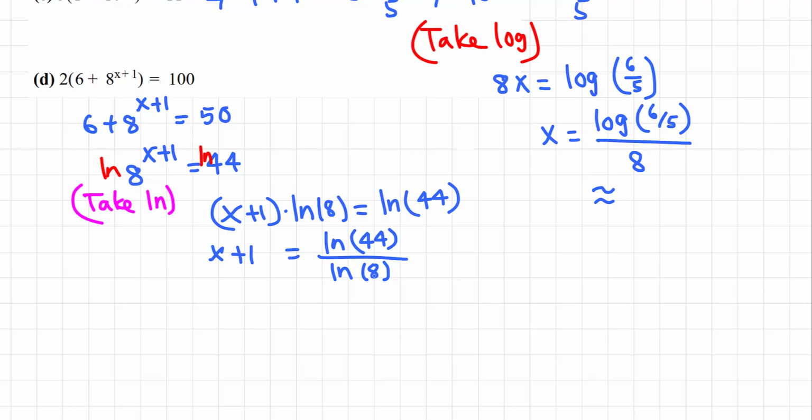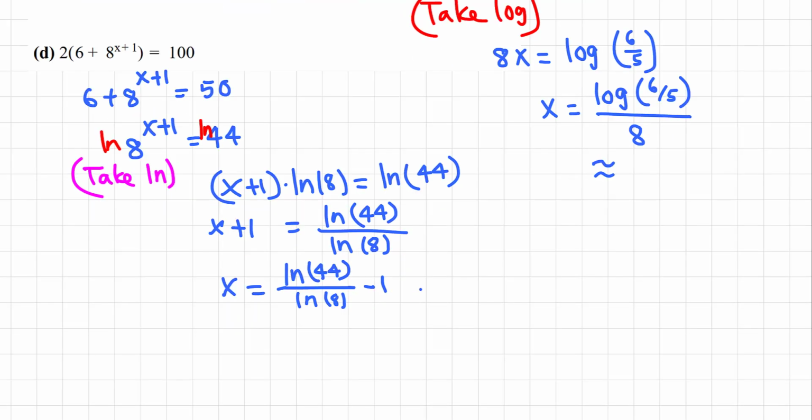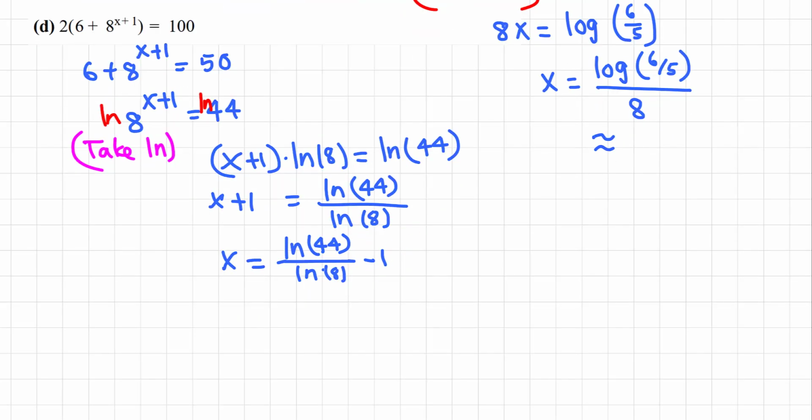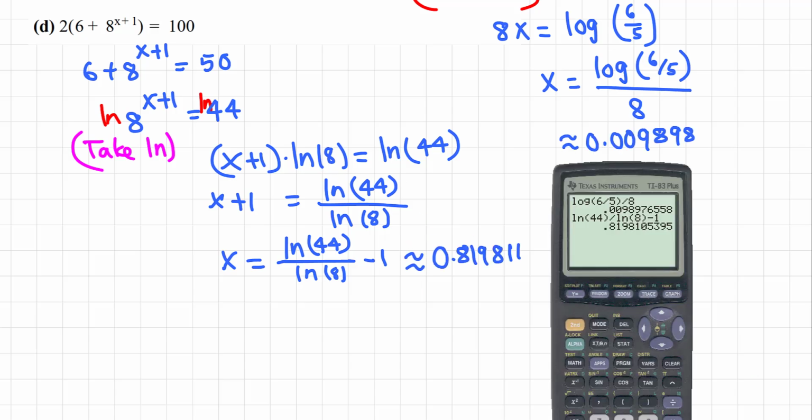Do not cancel 44 and 8, just leave that. Now there is a plus 1, subtract 1 from both sides and done. So x is this minus 1. This is the exact form of the solution, and we can use our calculator to find an approximation.